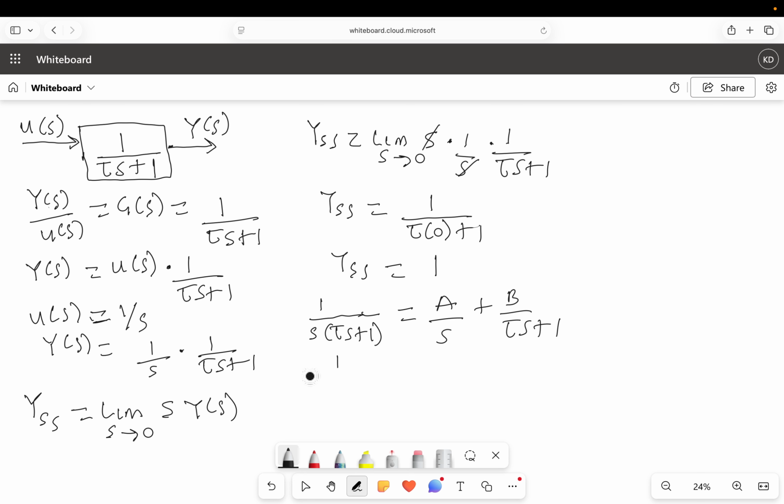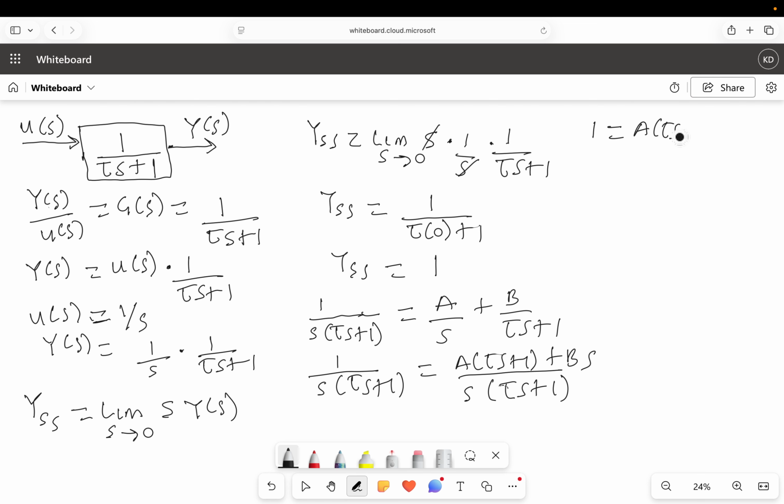So 1 over s into tau s plus 1 is just A over s plus B over tau s plus 1. Multiplying both sides by s into tau s plus 1, I will have 1 is just A into tau s plus 1, plus Bs.